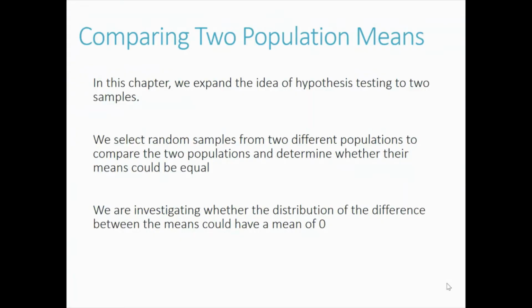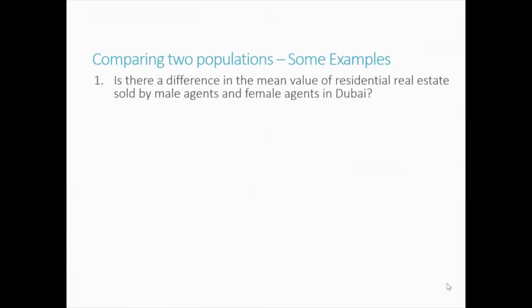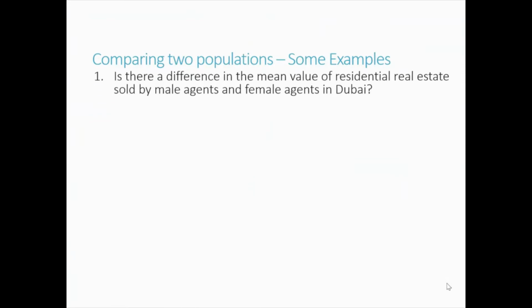Here, we will select random samples from two different populations to compare the two populations and determine whether their means could be equal. And we're also going to investigate whether the distribution of the difference between the means could have a mean of 0.